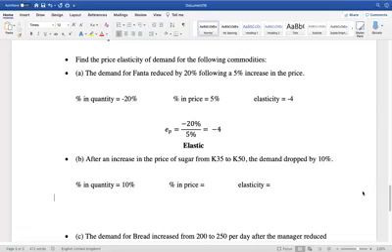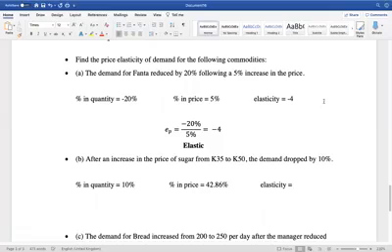Anyone to give us an answer? Yes, John? This one is now 42.8, I think. Okay, positive or negative? It's positive. So it's 42.86%, and it's positive. Thank you very much.